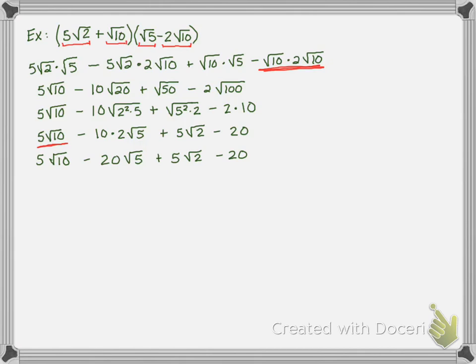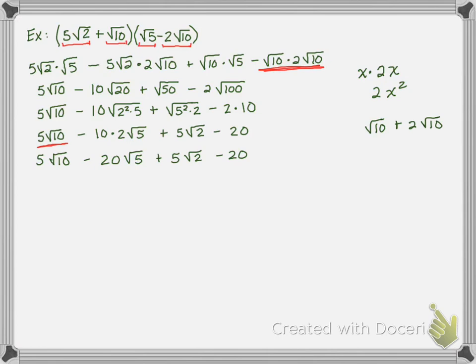We're multiplying. So if I had x times 2x, right, that wouldn't be 3x. It's 2x squared. So if I was doing the square root of 10 plus 2 times the square root of 10, that would be 3 times the square root of 10.